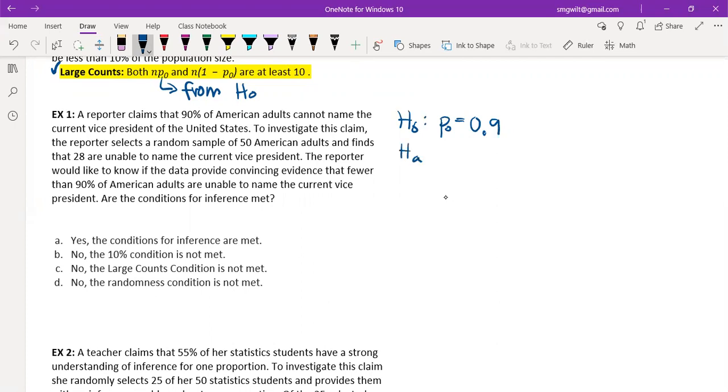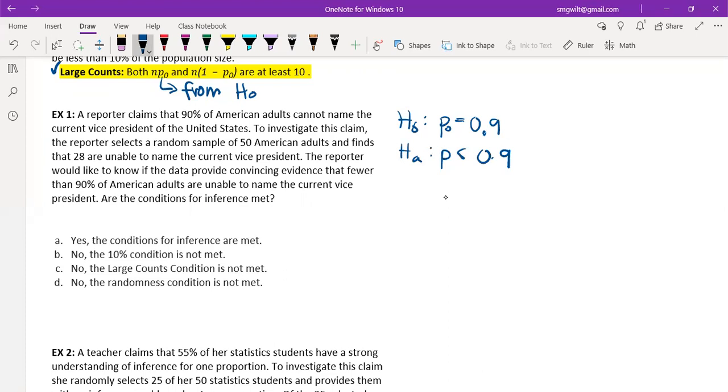The alternative hypothesis here is that p is really fewer than 0.9, right? So if I was conducting a hypothesis test, this is what I'm looking at. So I want to check, does this meet the conditions?